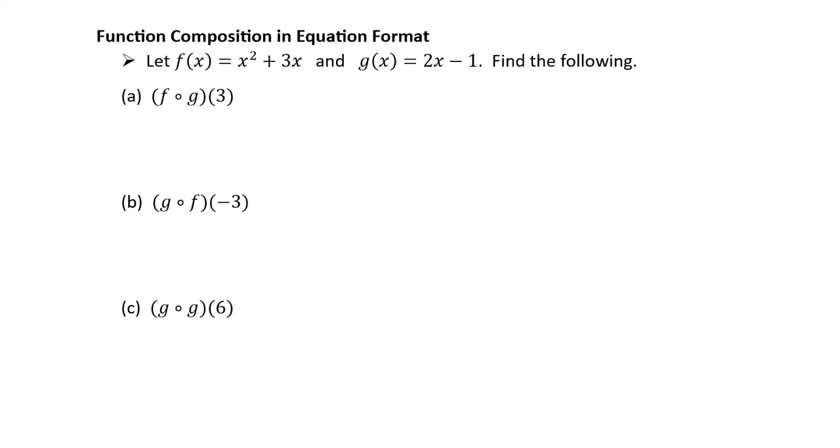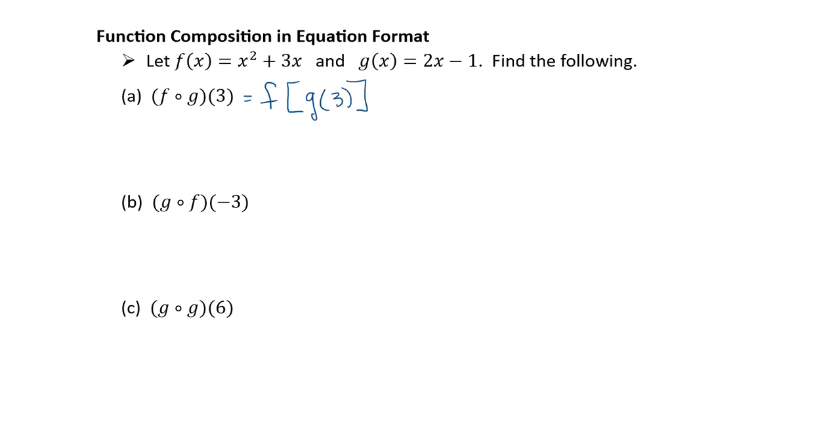Let's try some function composition in equation format. Here I have f of x equals x squared plus 3x and g of x equals 2x minus 1. Find the following. F composed of g of 3. It helps to write the definition, f of g of 3.